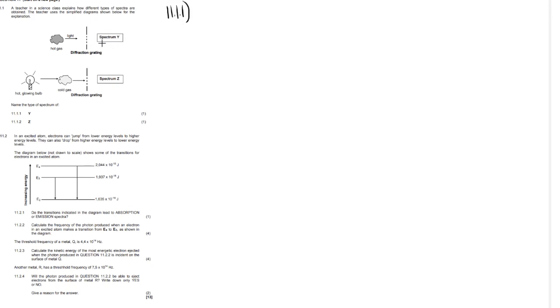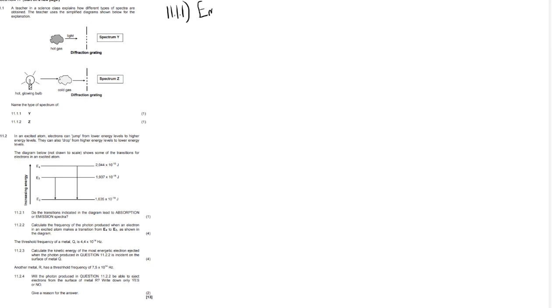In spectrum Y, we have light going through hot gas, and we will see the emission spectrum. Remember, that's just going to be for studying. The emission spectrum will always be seen when light goes through hot gas.